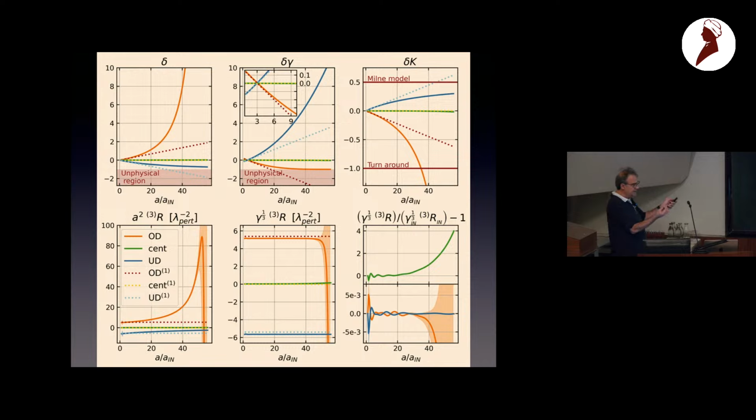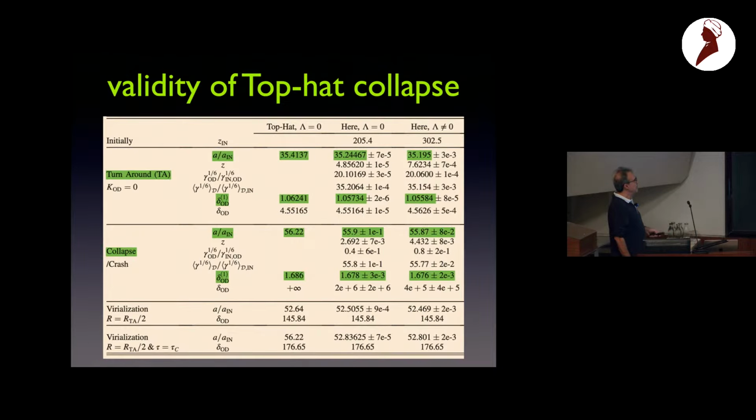The peak and the center of the overdensity and underdensity, and you can see that at the overdensity it blows up. Then we reach a point where numerical errors dominate. The shaded part is where numerical error becomes very large. So we found the agreement with the top hat at the peak.